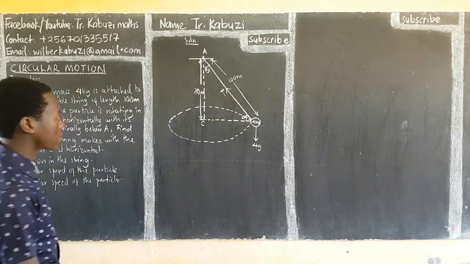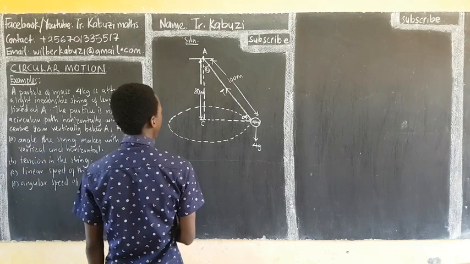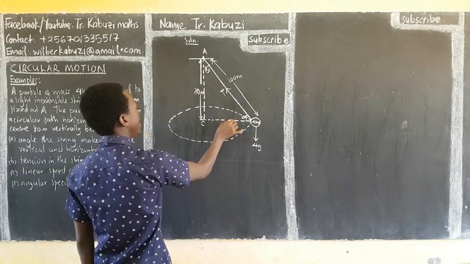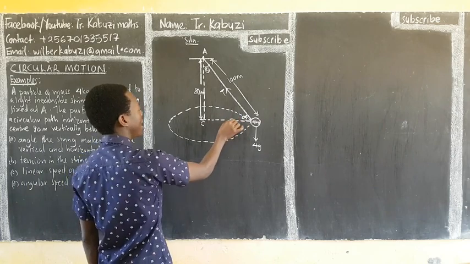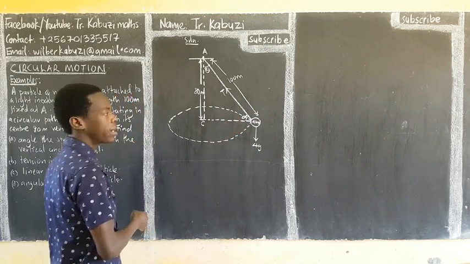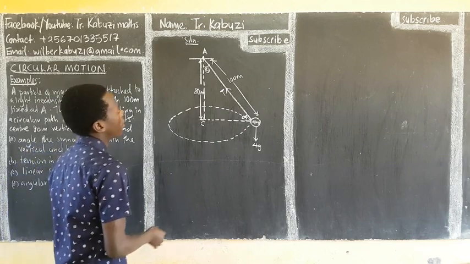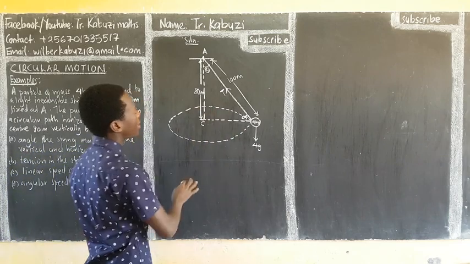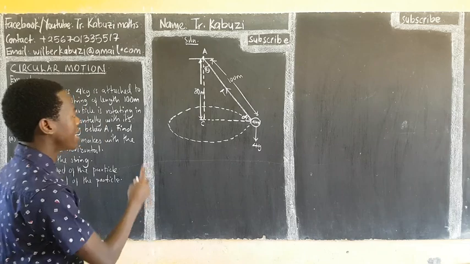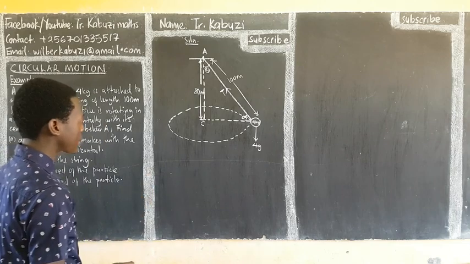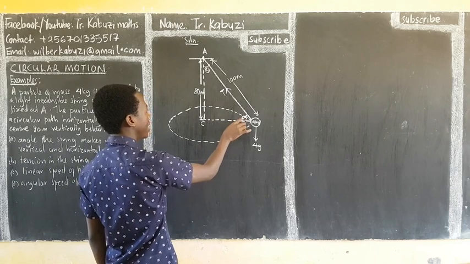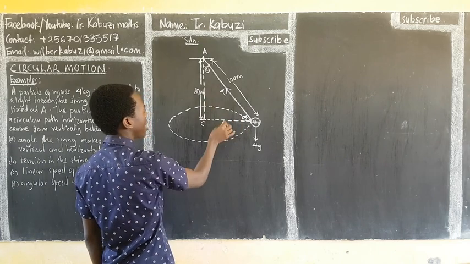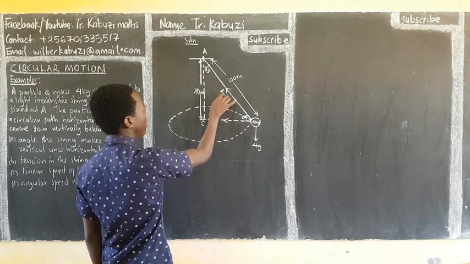First of all, we need to determine this radius. Now, of course, we know that there is a force pulling this towards the center, and that force is what we call the centripetal force. Based on this, we can now resolve that tension in the string. But first of all, we need this radius. Let us base on alpha so that we can resolve this.